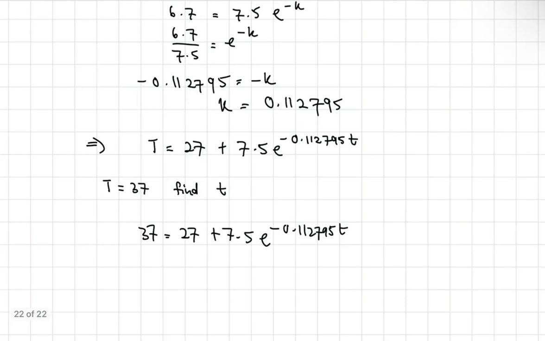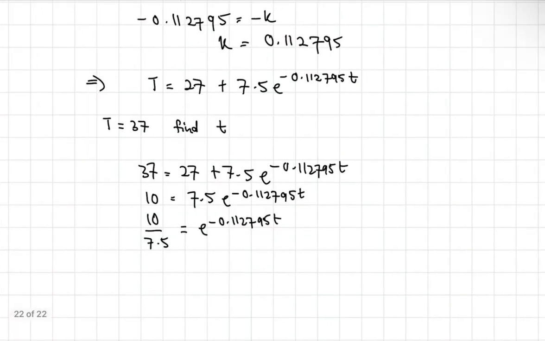So 37 minus 27 is 10. Next, 10 divided by 7.5 equals e to the power of minus 0.112795 t.